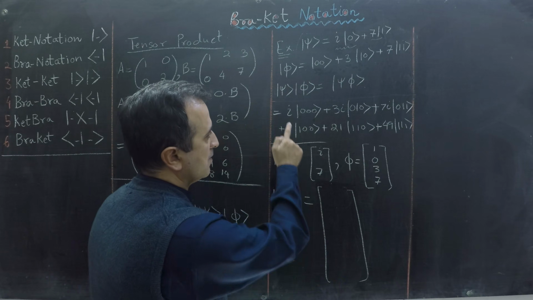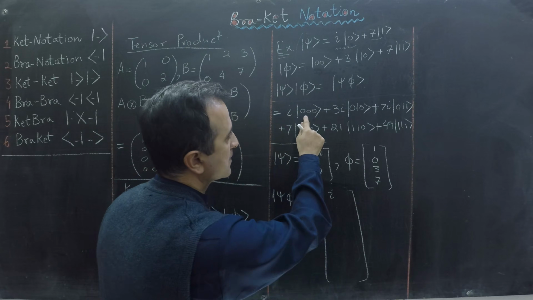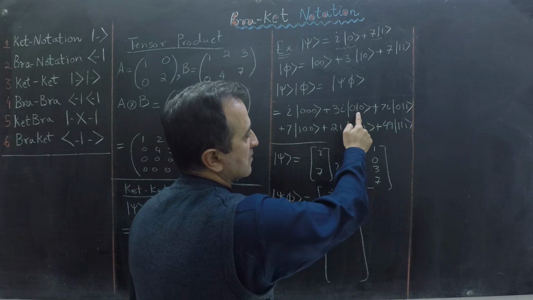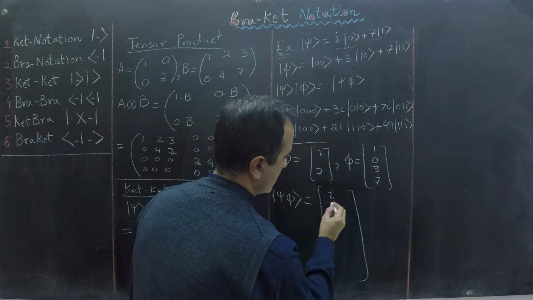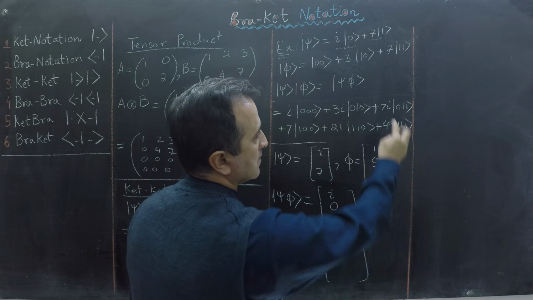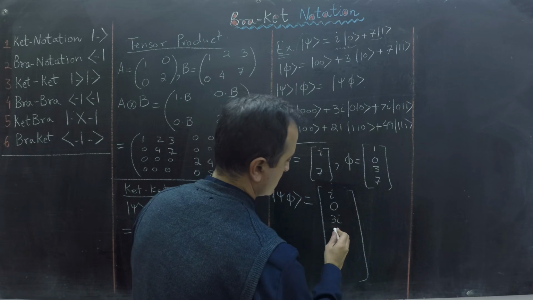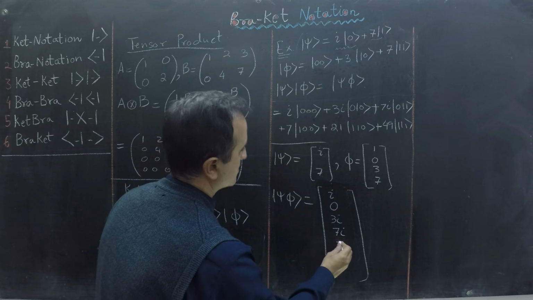So my zeroth location will have iota. First location has nothing, second location has 3 iota. My third location will have 7 iota, and my fourth location will have 7.